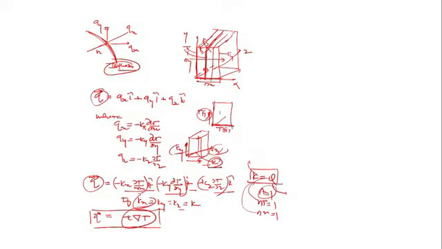Okay? But in general most materials are isotropic. Isotropic means the properties of the material are independent of direction. That is called isotropic material. So this is basically for isotropic material. What is an isotropic material?